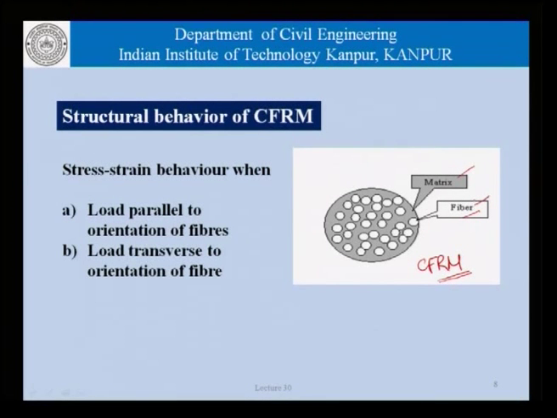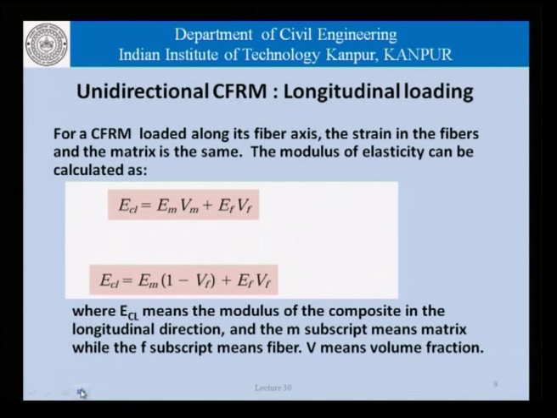And what we will try to do is to study the stress strain curve of this CFRM when the load is parallel to the orientation of the fibers, that is the longitudinal application of load, and when the load is transverse to the orientation of fibers, that is the transverse orientation of load. Now, as far as the unidirectional CFRM, and that is what we are really bothered about, is concerned, in the longitudinal loading, for a CFRM loaded along its fiber axis, the strain in the fibers and in the matrix is the same.